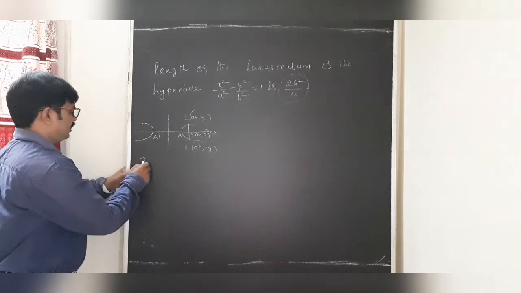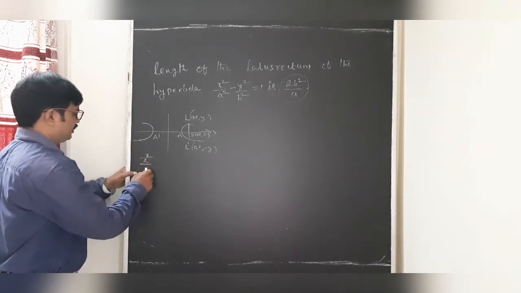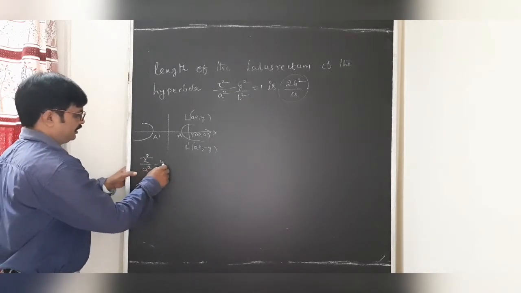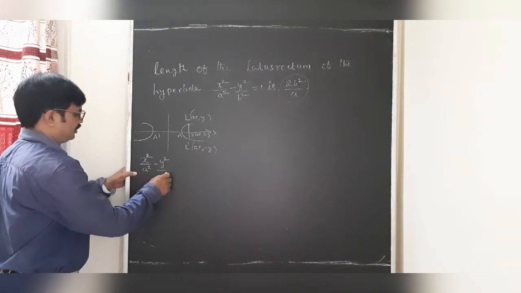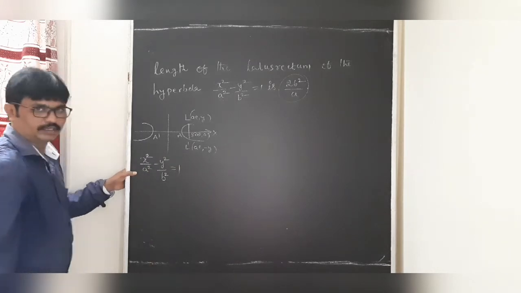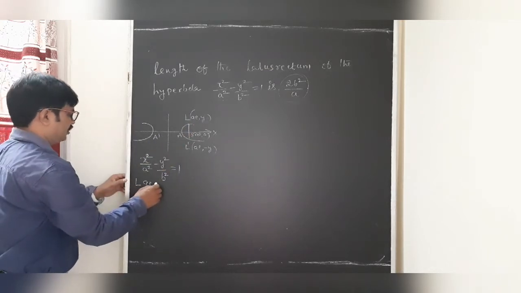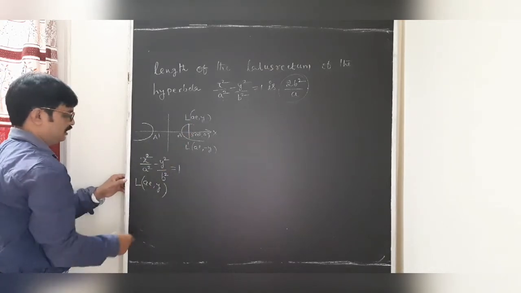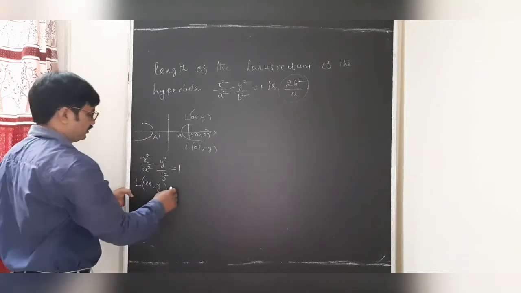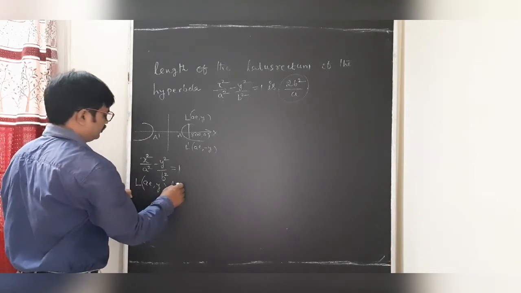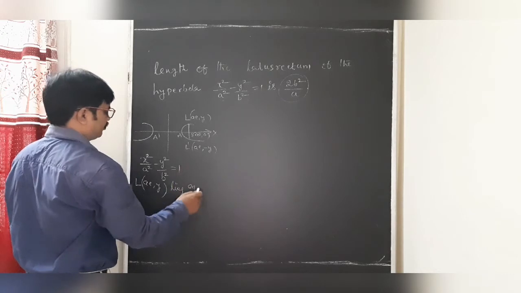The given hyperbola is x square by a square minus y square by b square equal to 1. So, L (ae, y) lies on the hyperbola.